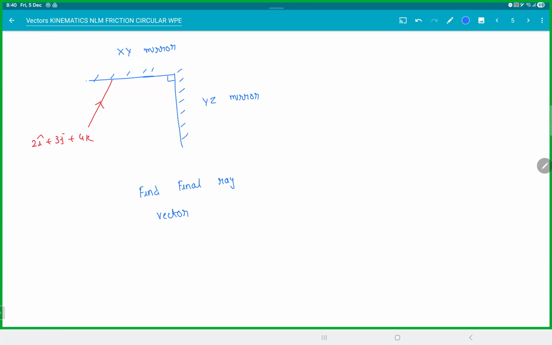So ray optics and vectors. Let's say incident ray is 3i minus j plus 2k. Normal vector n cap is 2i plus j plus k. Find the reflected ray vector.